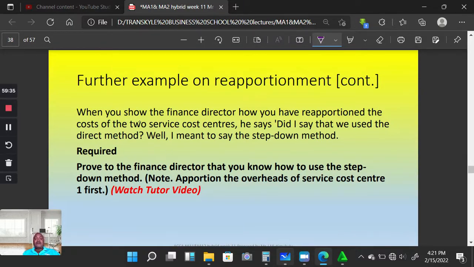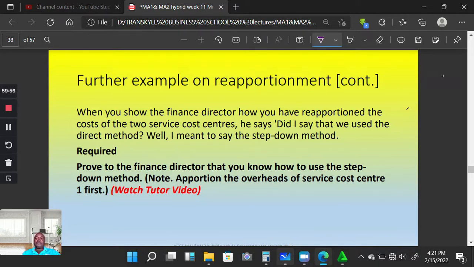now when you show the finance director how we have reapportioned the cost of the two service cost centers, he says that he didn't say so. He didn't say use the direct method, but instead use the step down approach.